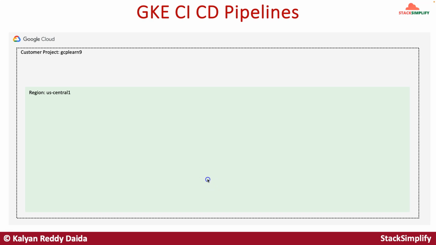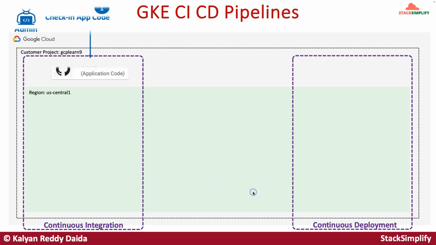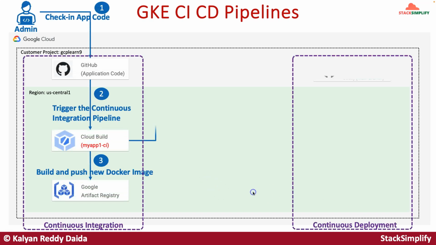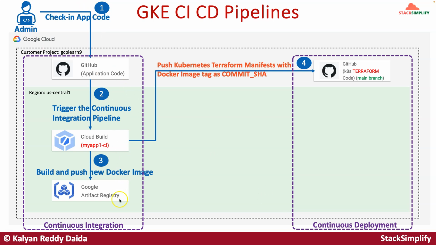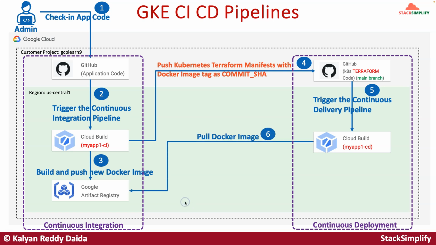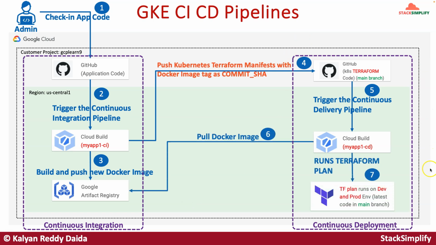We will integrate this CI pipeline with the CD pipeline. This is the complete CI pipeline which we have seen in our previous slide also. We will integrate it with the CD pipeline that we implemented as part of workload DevOps.